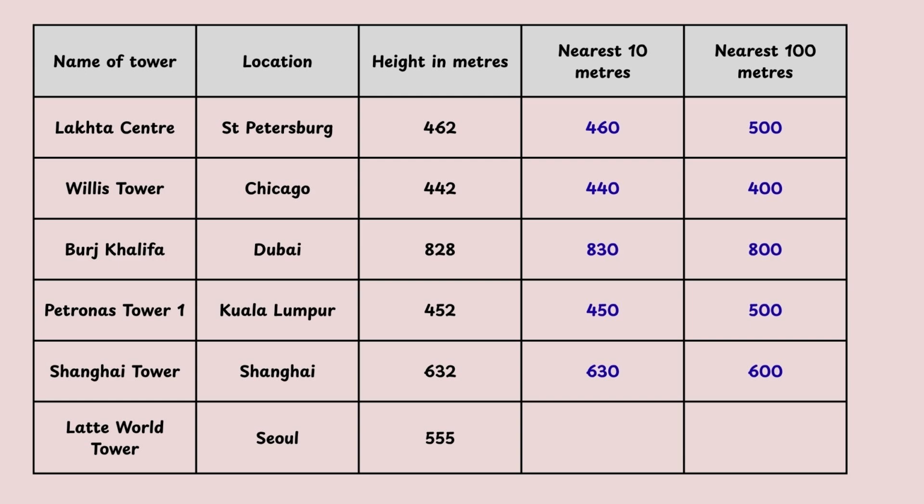The T1 tower in Seoul. The height is 555 meters, so when we round to the nearest 10 meters, that will be 560 meters, and when we round to the nearest 100 meters, that will be 600 meters.